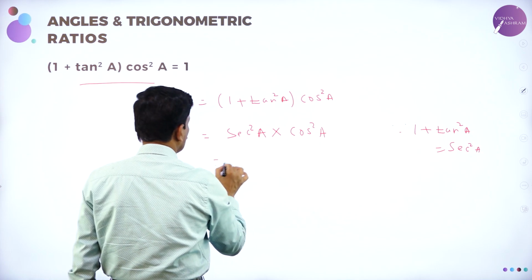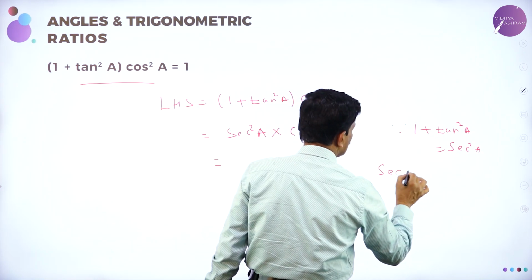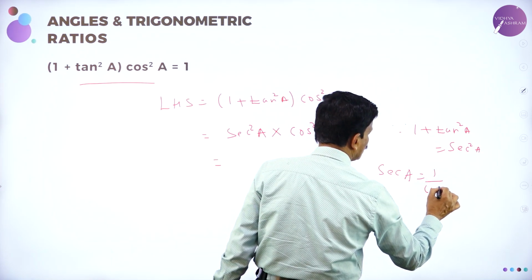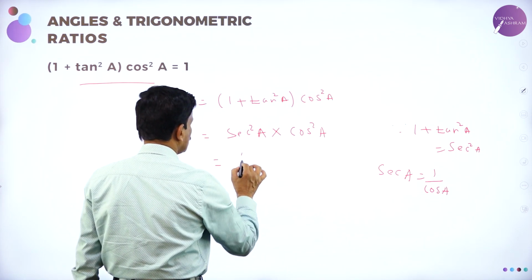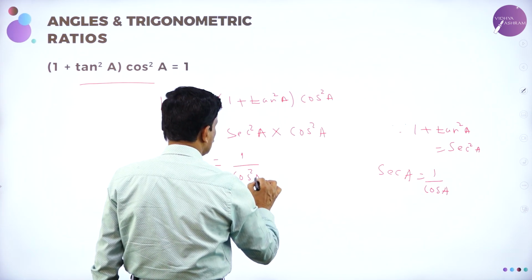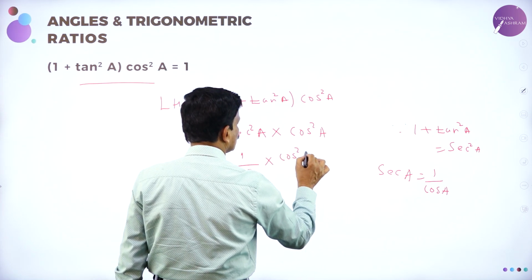Now you know the reciprocal relation for secant A: secant A is equal to 1 over cos A. Secant square can be written as 1 over cos square A into this cos square as it is.